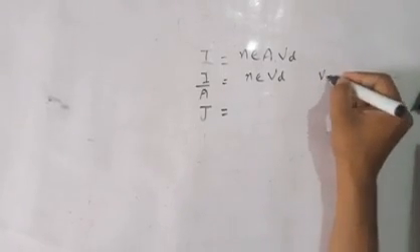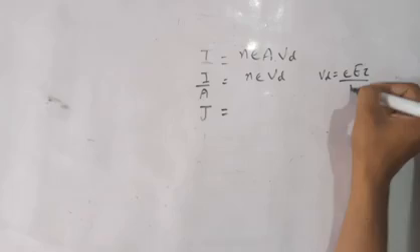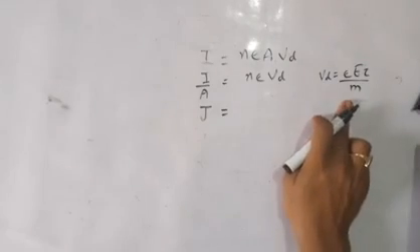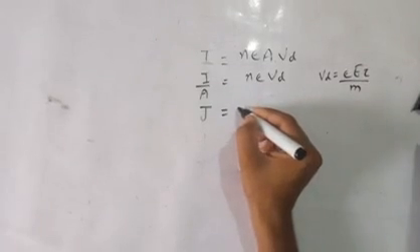Vd is how much? Vd is e tau upon m times E. Replace this value. This derivation we have done in the previous lecture.